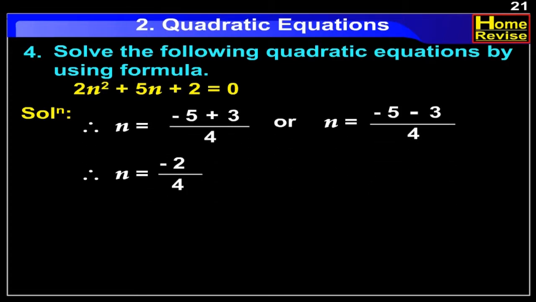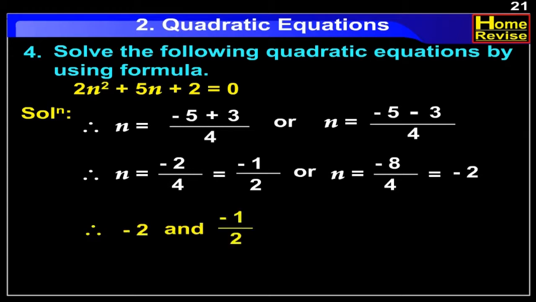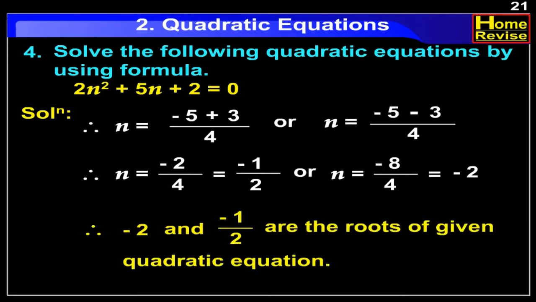Therefore, n = -2/4 = -1/2, or n = -8/4 = -2. Thus, -2 and -1/2 are the roots of the given quadratic equation.